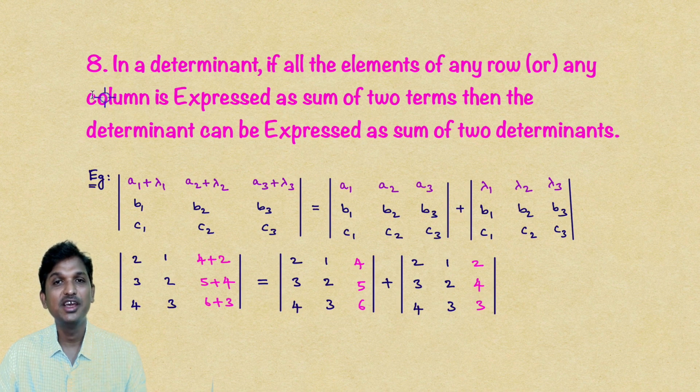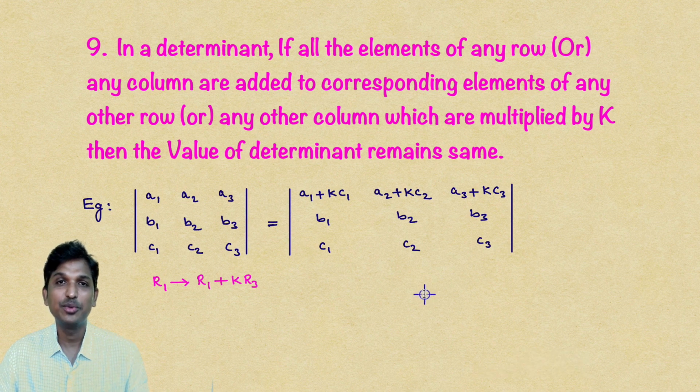In a determinant, if all the elements of any row or any column are expressed as sum of two terms, then the determinant can be expressed as sum of two determinants. What is the 9th property? In a determinant, if all the elements of any row are added to the corresponding elements of any other row, which are multiplied by k, then the value of the determinant remains same.